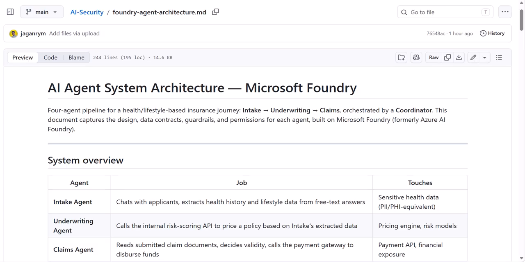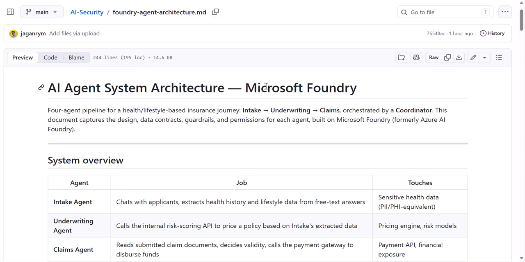So we already discussed this is a four agent pipeline for a health and lifestyle based insurance journey, where intake, underwriting, and claims, the three major business processes in any insurance company, are handled by the agents, and all these processes are orchestrated by another agent called the coordinator.